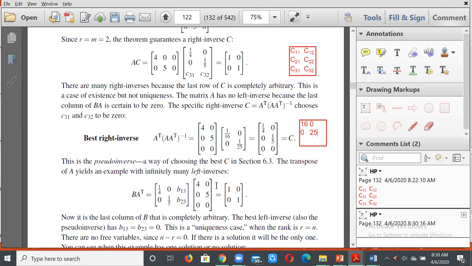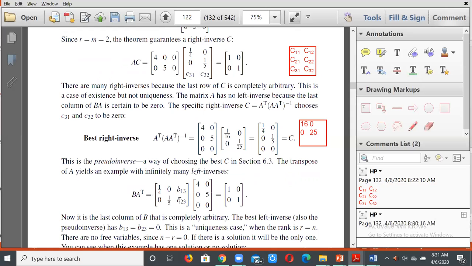Similarly, we can find the best left inverse also, which will be B A transpose is equal to I. You can consider B with entries B11, B12, B13, B21, B22, B23, and multiply it with the transpose of A. If you solve that, we'll get B11 as 1 by 4, B12 as 0, B21 as 0, and B22 as 1 by 5.